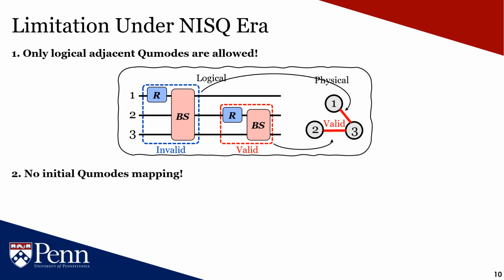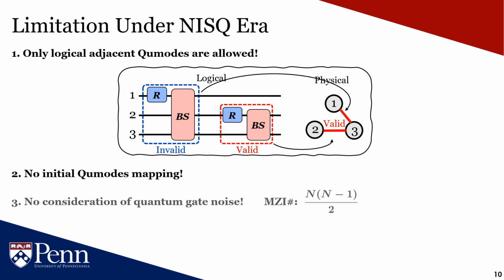Secondly, the current compilation lacks an initial Q mode mapping process. The Q modes are randomly assigned to the problem. Thirdly, ISCA devices often have quantum noise, especially for 2 Q mode quantum gates. Instead of using a fixed number of quantum gates, we should consider a potential gate reduction to mitigate the physical error.